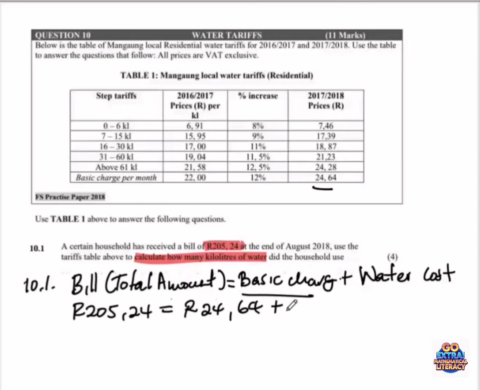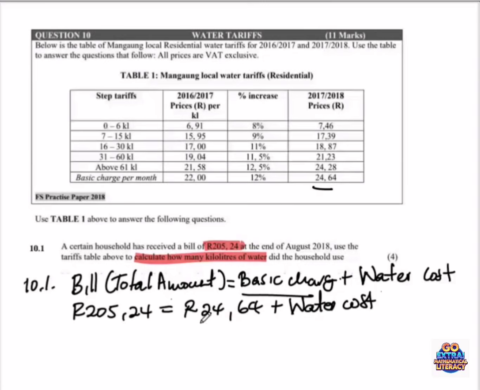First of all, we need to find the water cost, because the water cost is the one that is going to help us calculate the kiloliters used by this household.